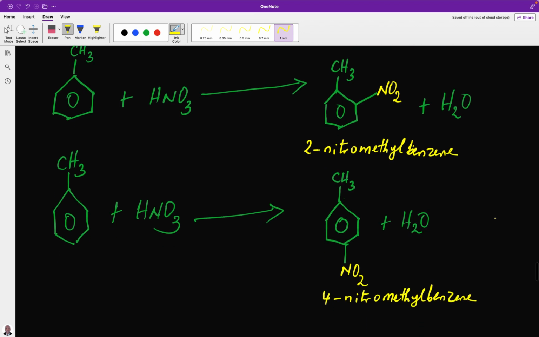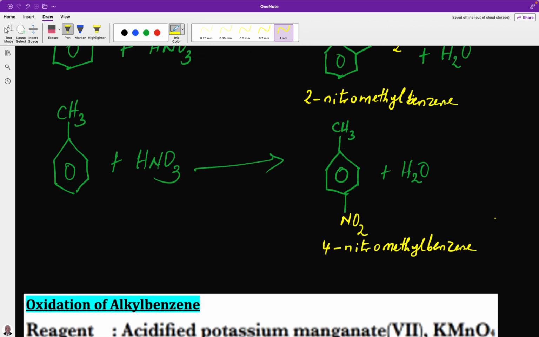Then the second product that will be obtained again will be 4-nitromethylbenzene with a molecule of water. But if the temperature rises above 30 degrees Celsius, it can give 2,4,6-trinitromethylbenzene. But on rare occasions, this will happen.